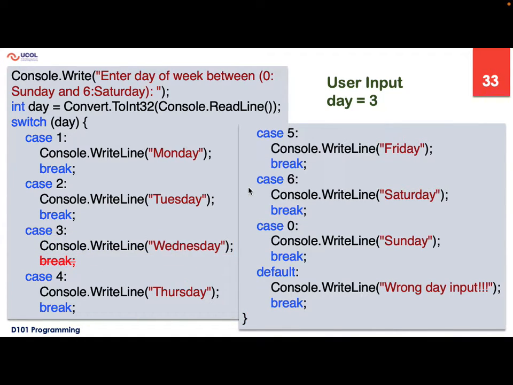Okay. Now consider that we have removed the break statement at this particular statement. The value is 3. What will happen? It will execute that particular part. Then it will execute this part because we don't have a break over there. If break is not there, it will start executing the next statement, which is after this statement.